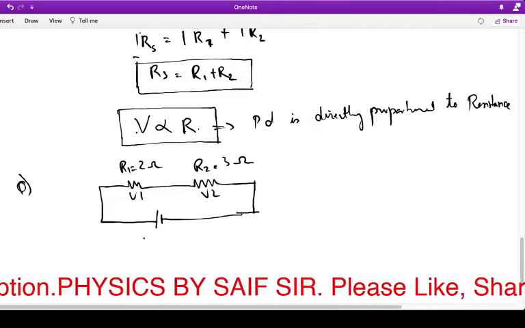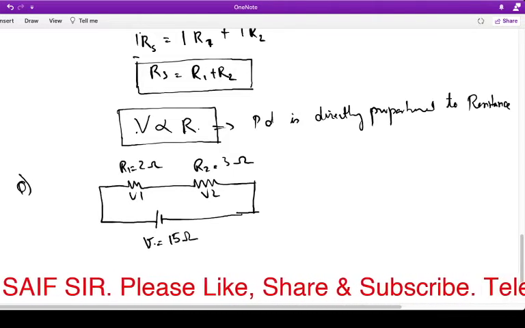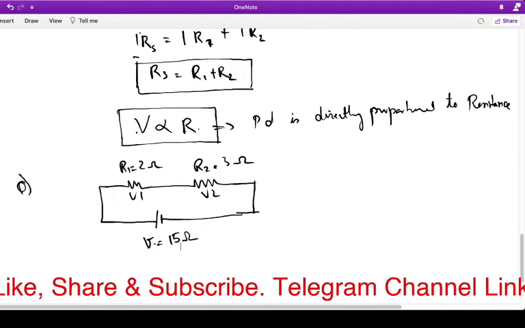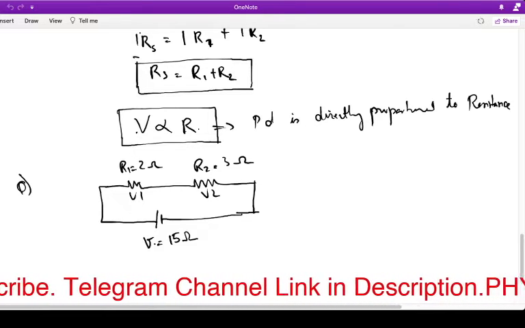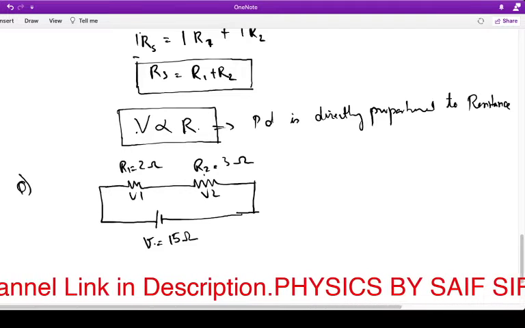Here the voltage source we are giving is 15 volt. Now the question is, you have to find the voltage drop at R1 resistance and the voltage drop at R2 resistance.